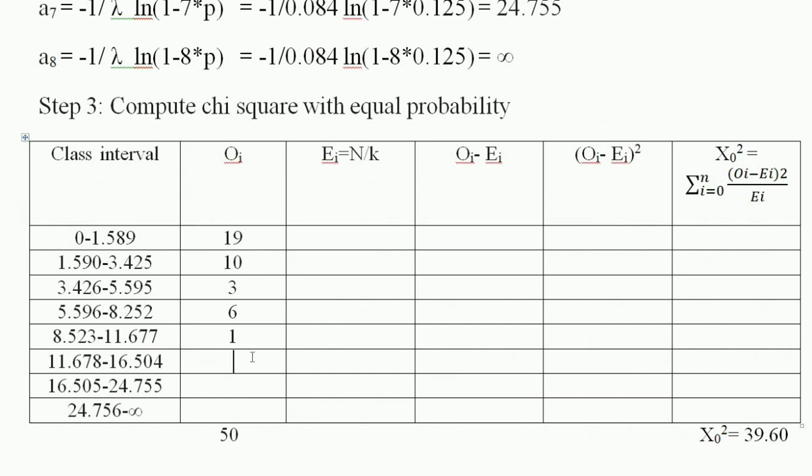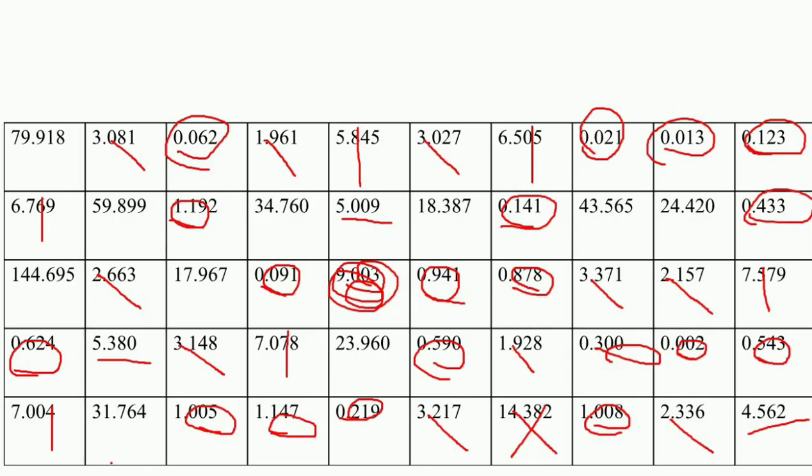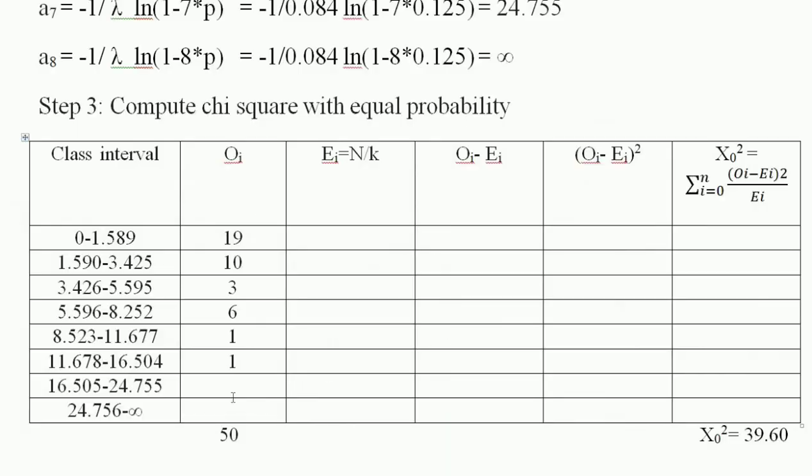So only one value, enter it over here. Again, the next interval is from 16 to 24. From 16 to 24 I am having only one value, that is 24.420.